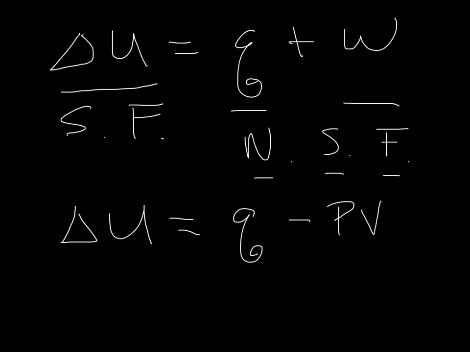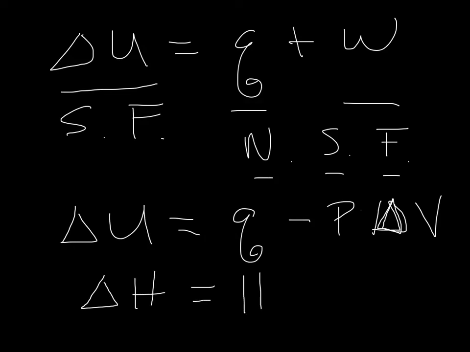Because P is a state function and V is a state function. So since they're both state functions, work is now defined in terms of delta V. Enthalpy, and particularly enthalpy change, is also a state function.